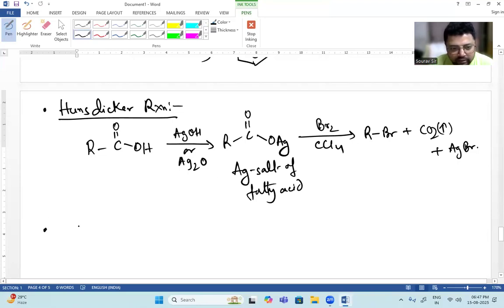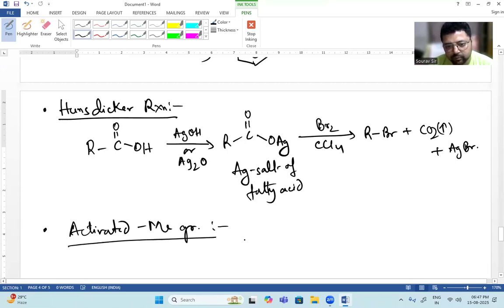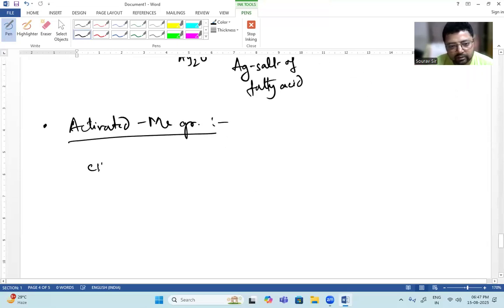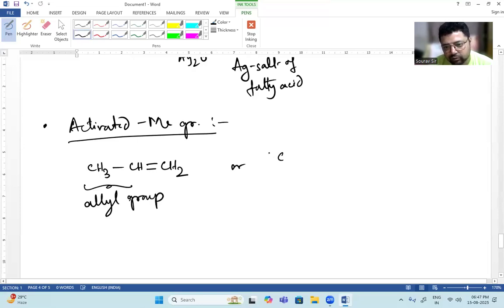The other form of reaction is when you have an activated methyl group. Activated methyl group can be of two types. Either you are using an alkyl group which is attached to a vinyl group, this is known as an allyl group, or you want to use it as a benzyl group.